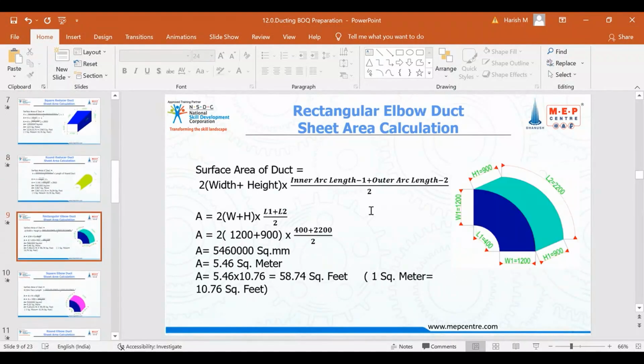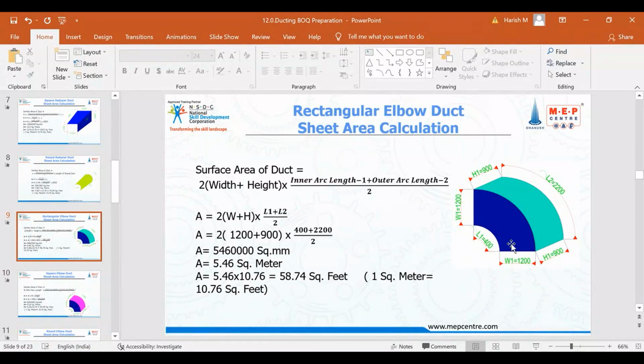Next, here is the twist. If it is an elbow, we have 2 lengths, L1 and L2, with the same width and height. These are called the outer arc length and inner arc length, the major arc and minor arc.